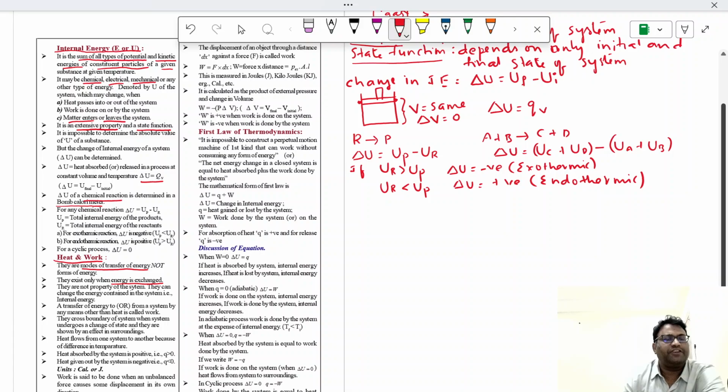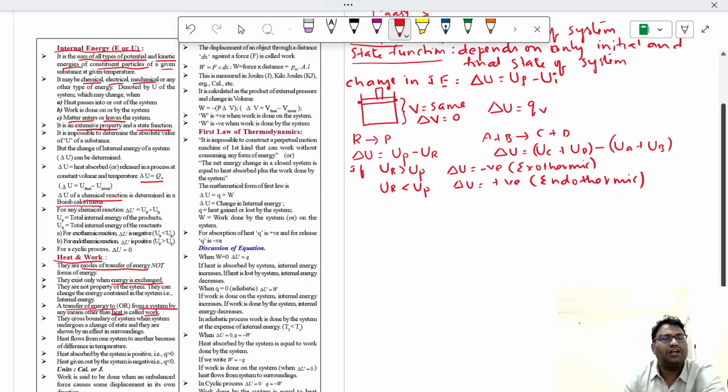A transfer of energy to or from a system by means other than heat transfer will be called work. If energy is not transferred in the form of heat, then we say it is transferred in the form of work.